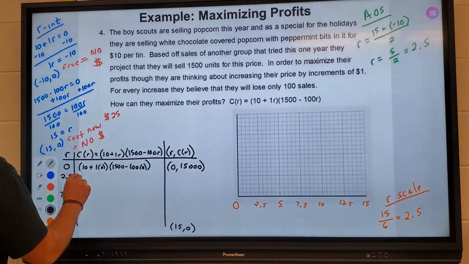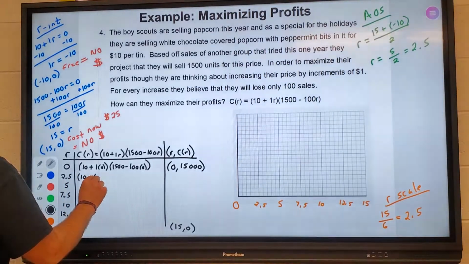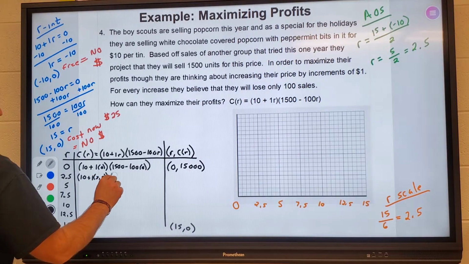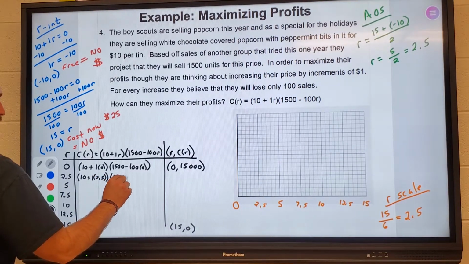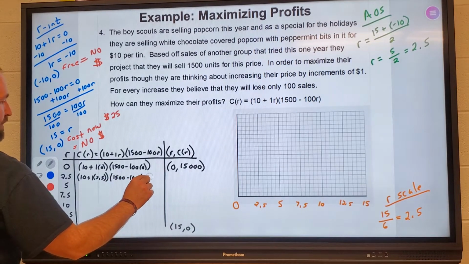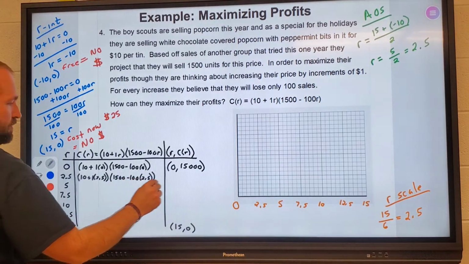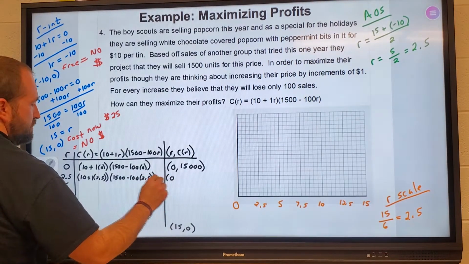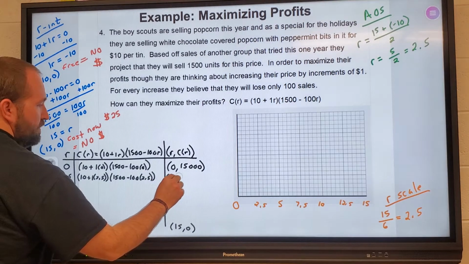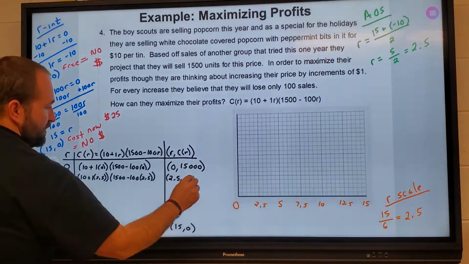If we plug in the 2.5, I have 10 plus 1 times 2.5 times the 1500 minus 100 times 2.5. Work that out. You get 2.5, comma, 15,625.